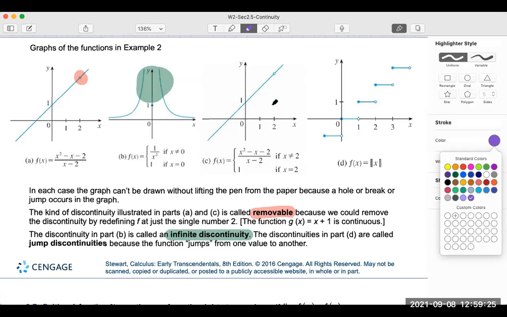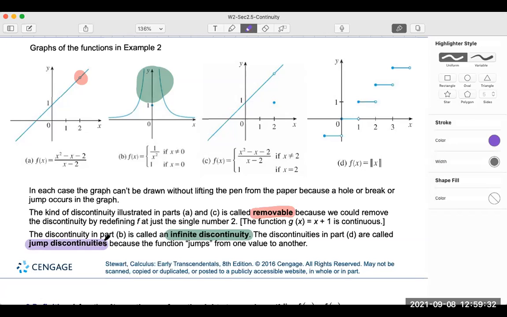It jumped down here, goes back again and continues. So we call it a jump discontinuity. Okay? Just some names. Forget about this graph. Now, is it clear? The definitions of continuous, removable, infinite discontinuous, and jump discontinuous.